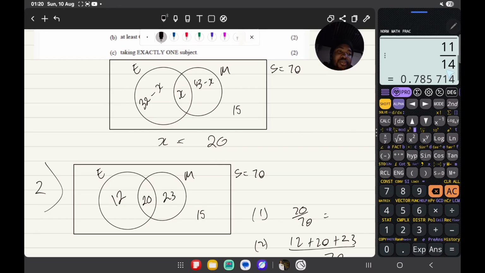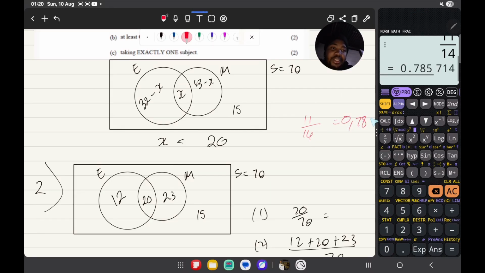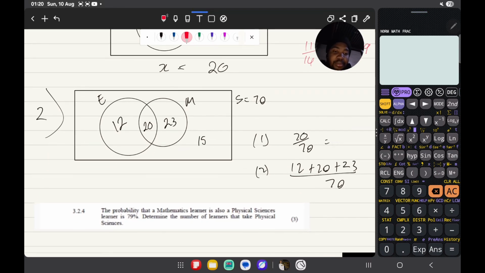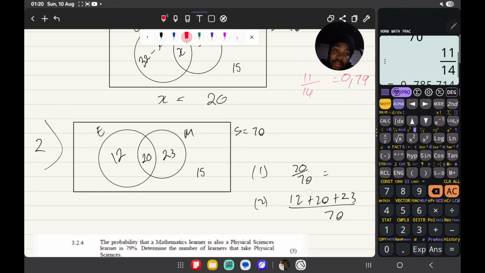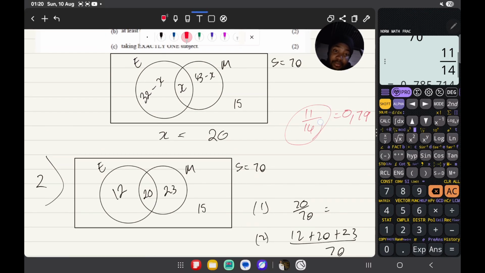This is you finding it via the normal way. We are getting 11 over 14, which is 0.7857, right? And let's come back here. So 12 plus 20 plus 23 divided by 70, you are getting 11 over 14, which is 0.79.